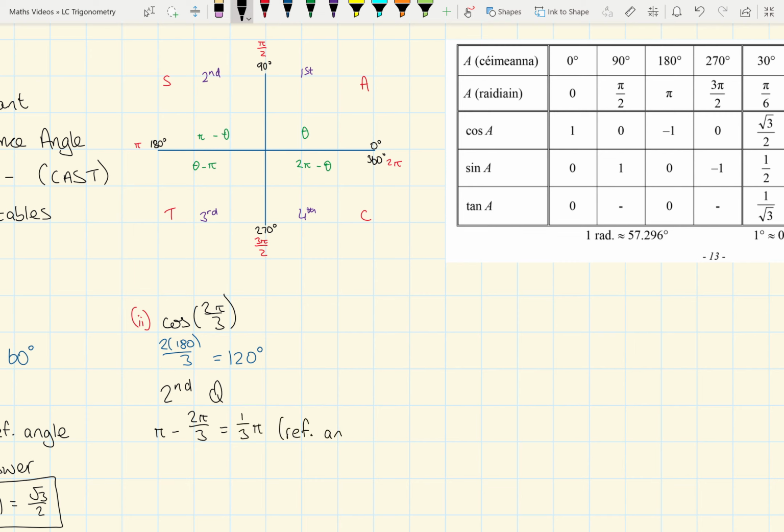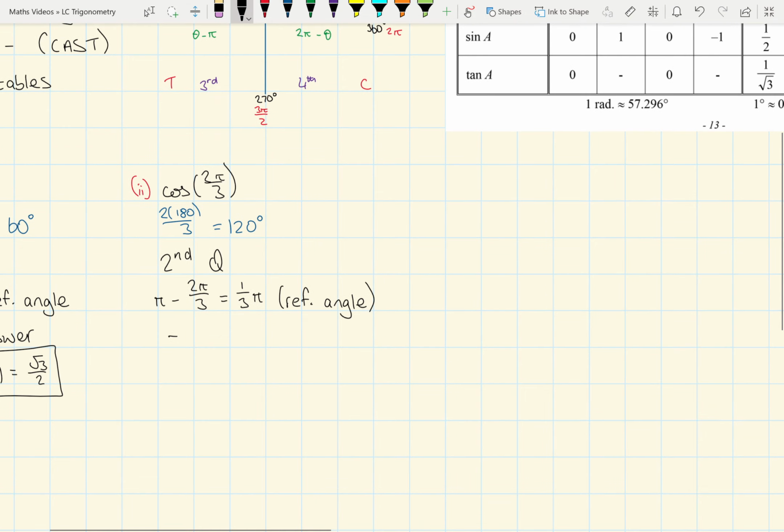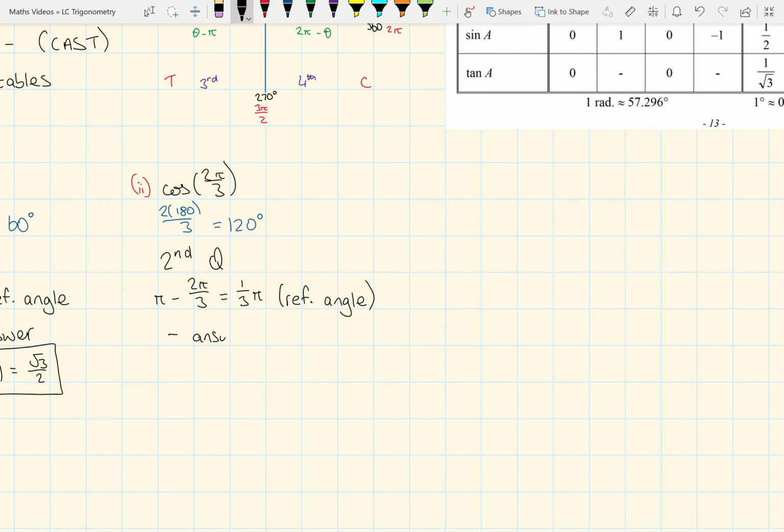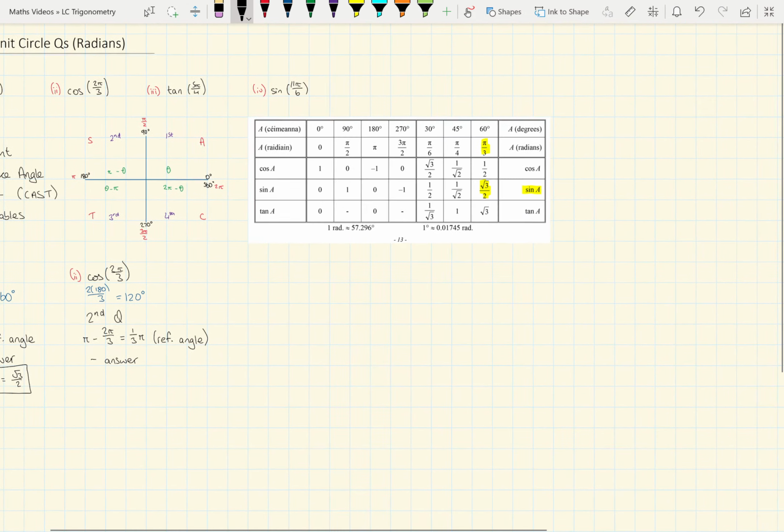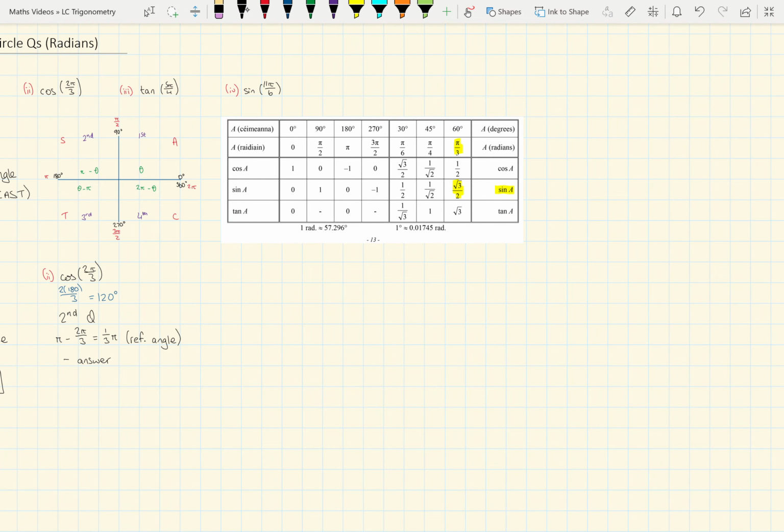That's your reference angle. Our third step is to figure out if the answer will be positive or negative. Only sine is positive in the second quadrant. We're dealing with cos, so we will have a negative answer. Your next step, we go to our log tables. Find your reference angle.